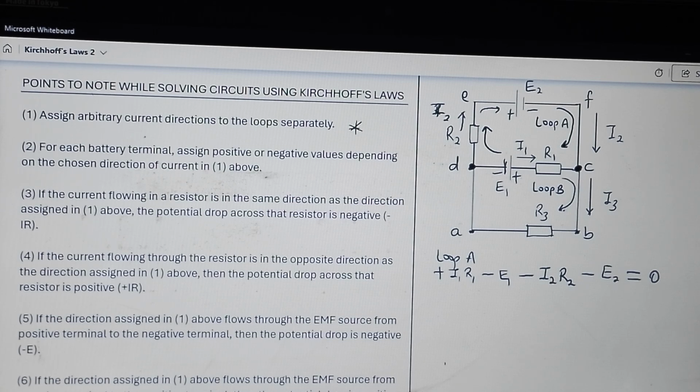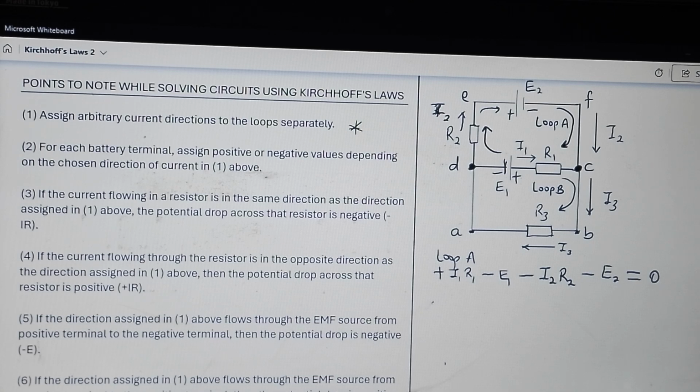We can start from any point, starting from R3, but always remember the direction of the current flow. This I3 is entering R3. So the current in R3 is I3. This direction we chose is clockwise, moving in the same direction as the current in R3. So since they are moving in the same direction, the potential drop there will be negative.